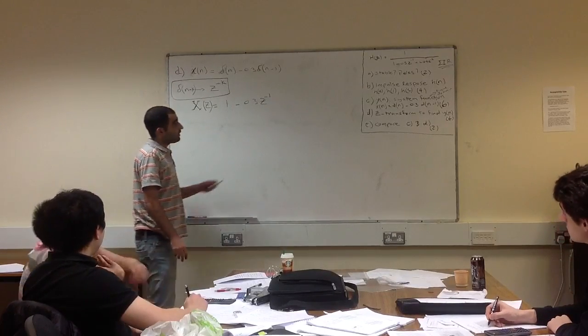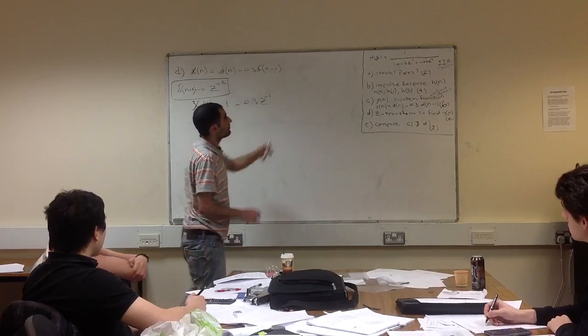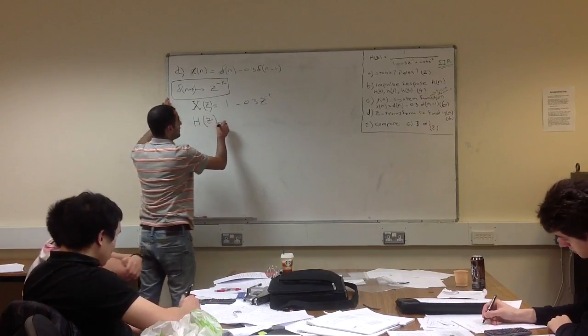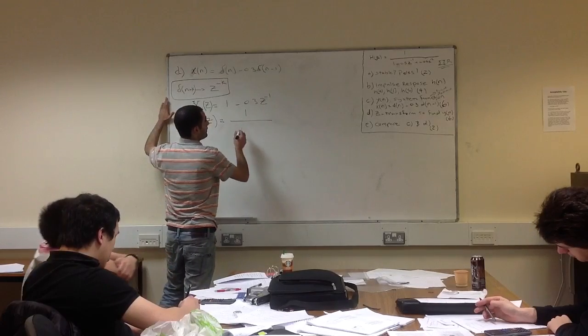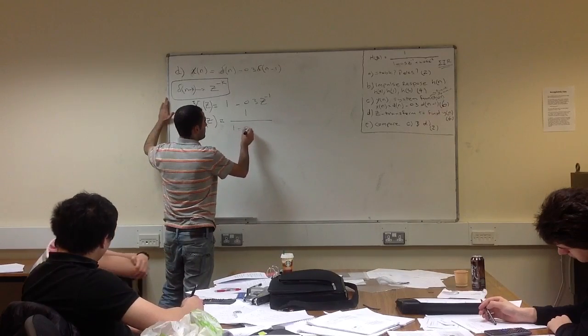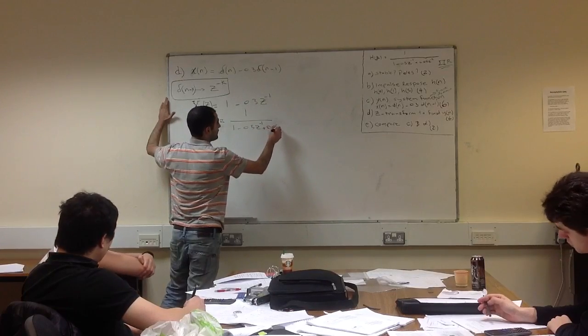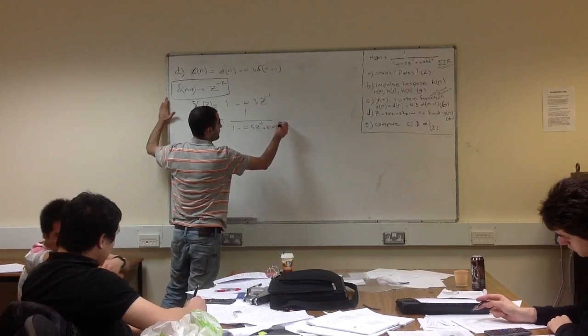We already got the H of z from the first question. It's given in the question, so H of z equals 1 over 1 minus 0.5 z to the minus 1 plus 0.06 z to the minus 2.